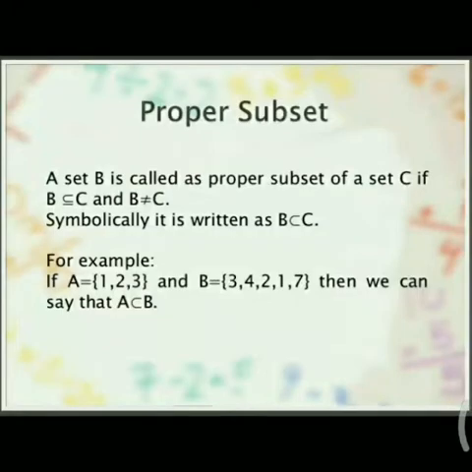A set B is called a proper subset of the set C if B is a subset of C and B is not equal to C. Then we say it is a proper subset.